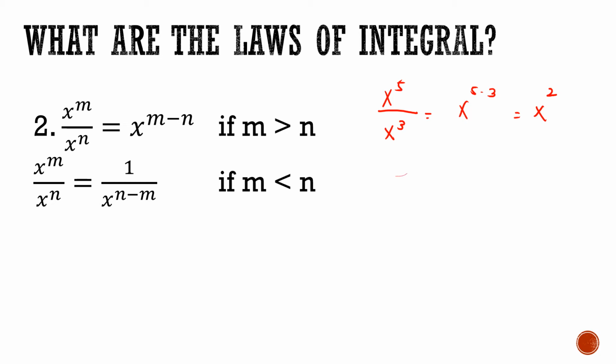In this case, example, x squared over x to the fifth power. Since 5 is greater than 2 and 5 is in the denominator, we write it as 1 over x raised to 5 minus 2. So we have 1 over x raised to the third power.